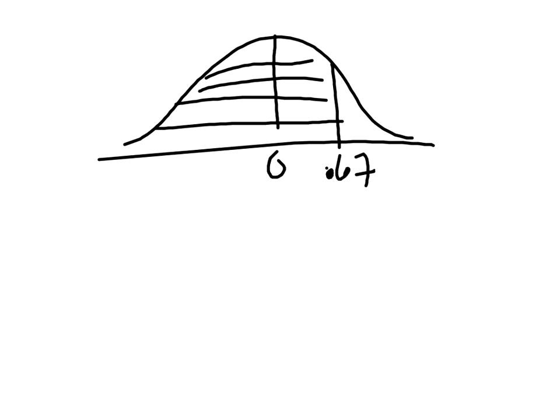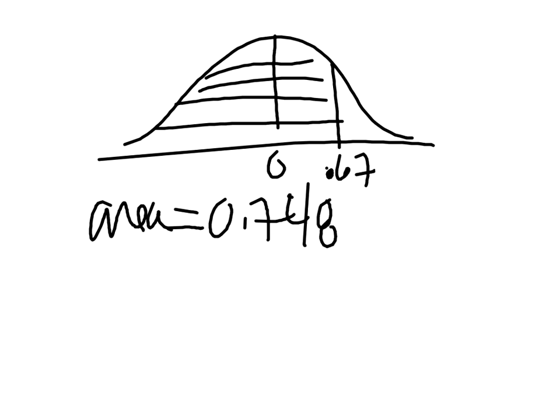Okay, and we can read that directly, and they tell us that that area is 0.7486. Therefore, if the area is 0.7486, then we can assume that 74.86% of adults have less than 5.4 liters of blood in their system.